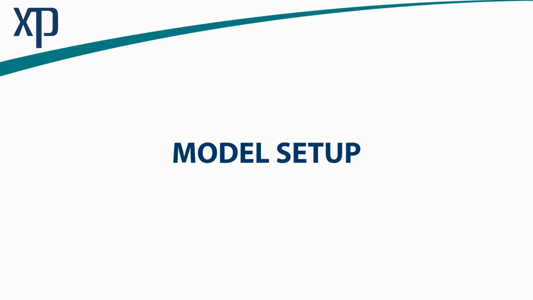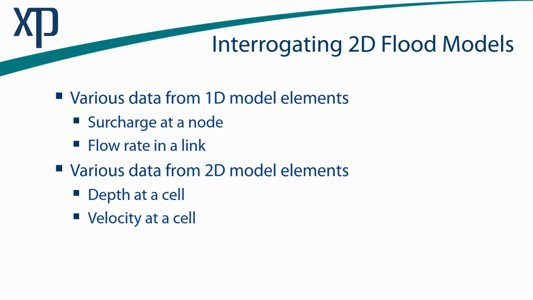So the first section is model setup. There are a lot of different types of data available in a 1D, 2D model. There's various element data in the 1D model, the node and link data, information about when a node surcharges or the flow rate in a link. There's various data from the 2D model elements, such as depth or velocity at a cell.